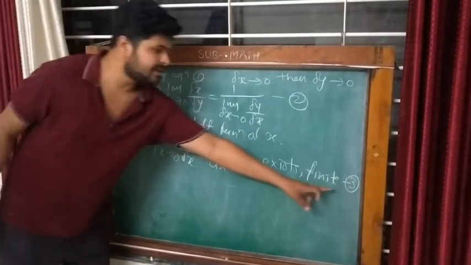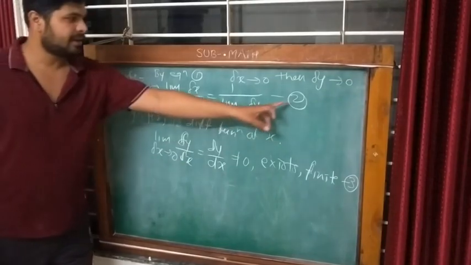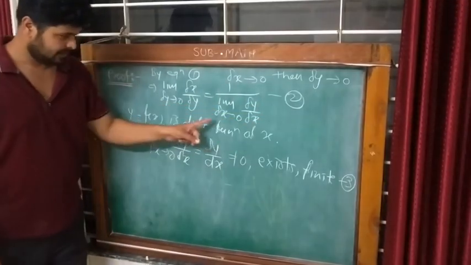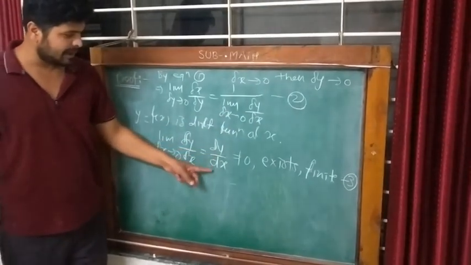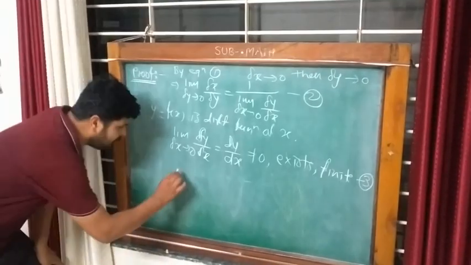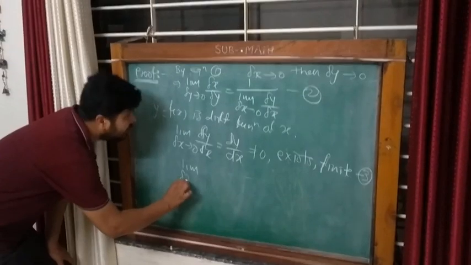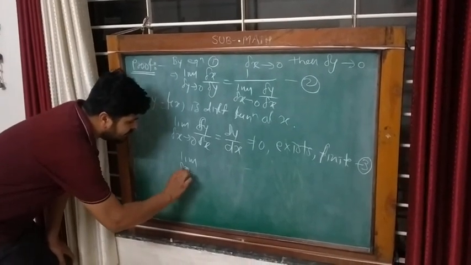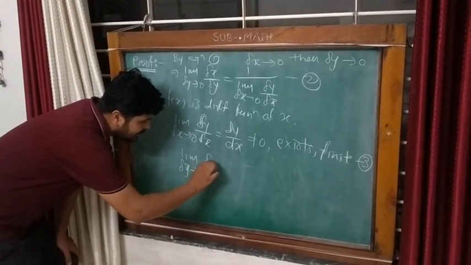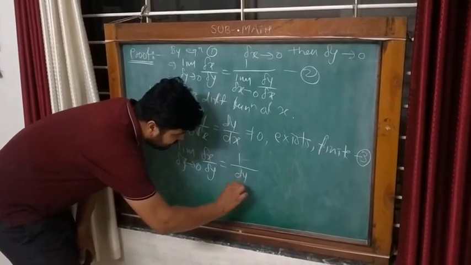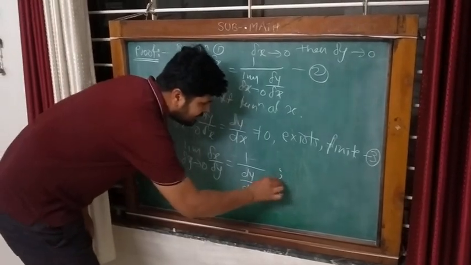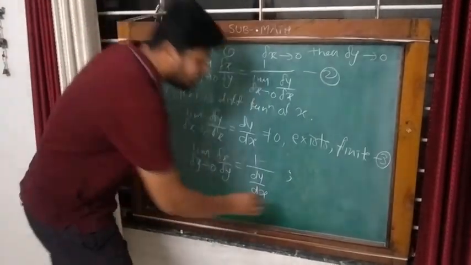So by using this equation 3 in equation 2, we are getting this value, limit delta x tends to 0, delta y by delta x, and we replace this value by dy by dx. So we get limit delta y tends to 0, delta x by delta y is equal to 1 upon dy by dx, and the sufficient condition is this limit is non-zero.